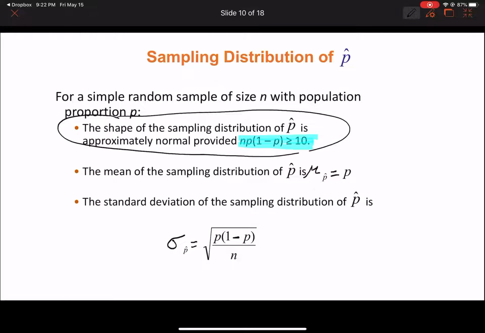We are going to use this new standard deviation formula right here: the square root of p times 1 minus p over n. This is another new standard deviation. This is for sample proportions. The sample means has that other one. Okay, let's move on.